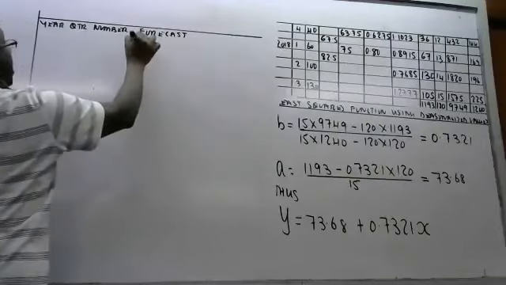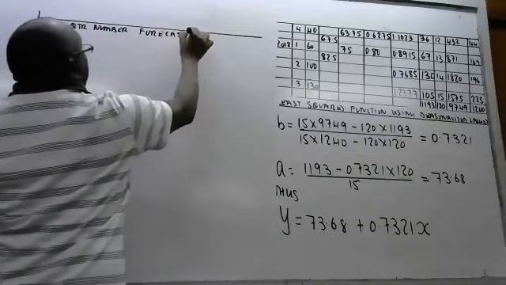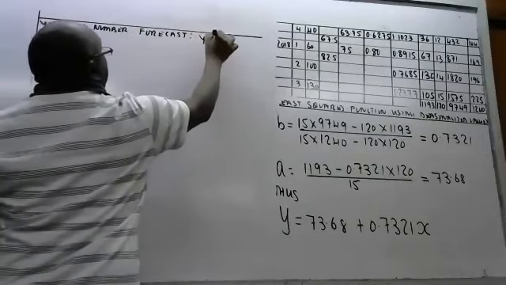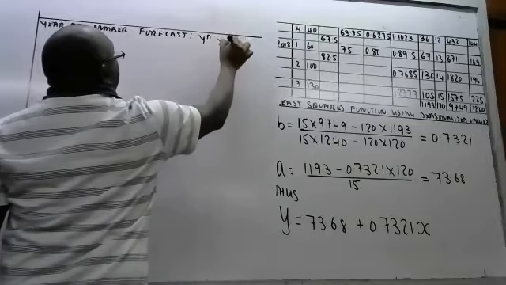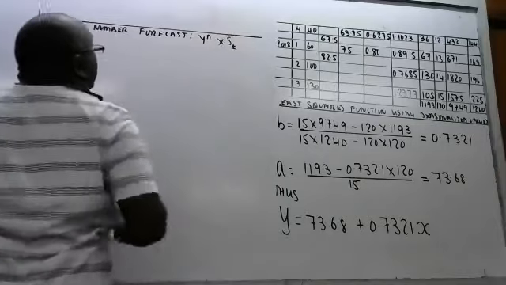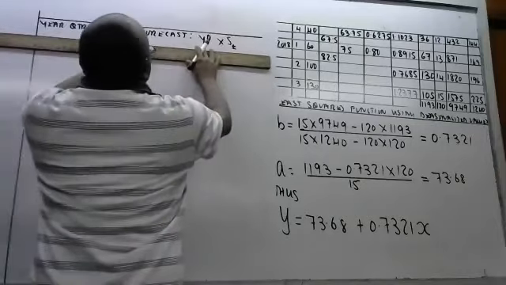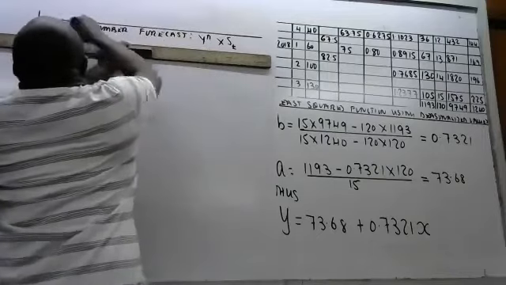And forecast, we say it is given as Y predicted times ST. Y predicted times ST.